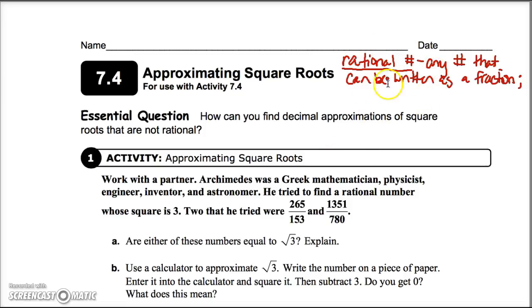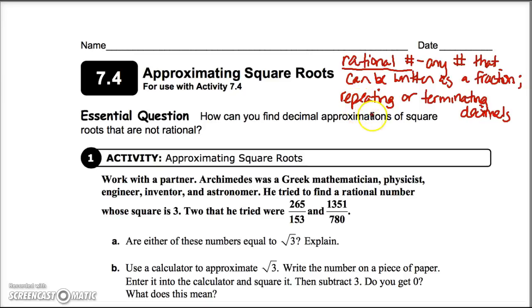If you have decimals, for it to be rational, it either needs to be a repeating decimal or a terminating decimal, meaning it stops. If you have a repeating decimal like 0.3333333 and so on, that's repeating. It can be written as a fraction.